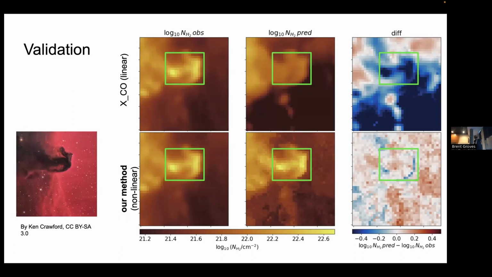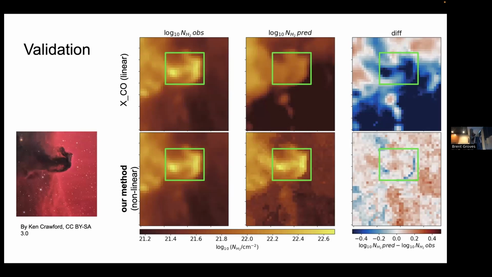So you see that given the data in these wonderful green squares or rectangles, the previously known linear method tends to fail by predicting these dense cores, which you see they're basically not here, which is due to the fact that CO saturates at some point, so we can't get any information out of that.